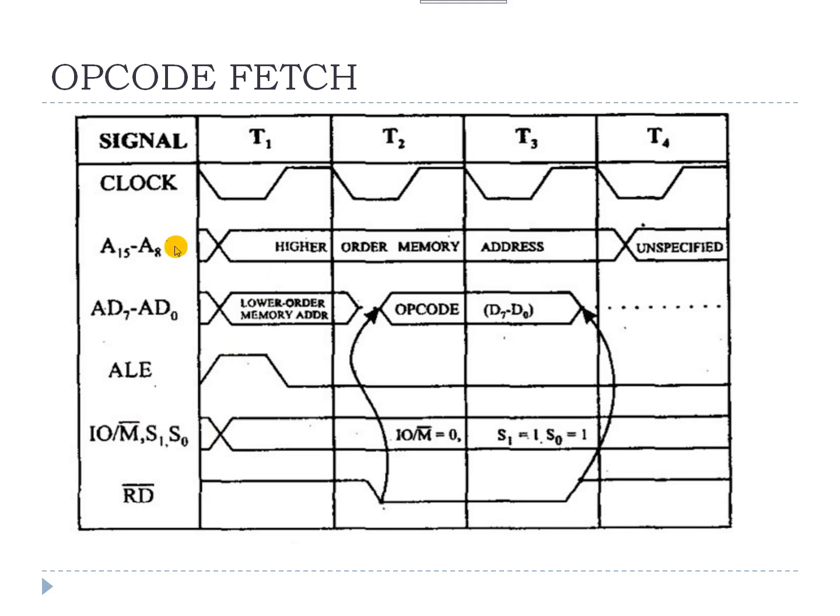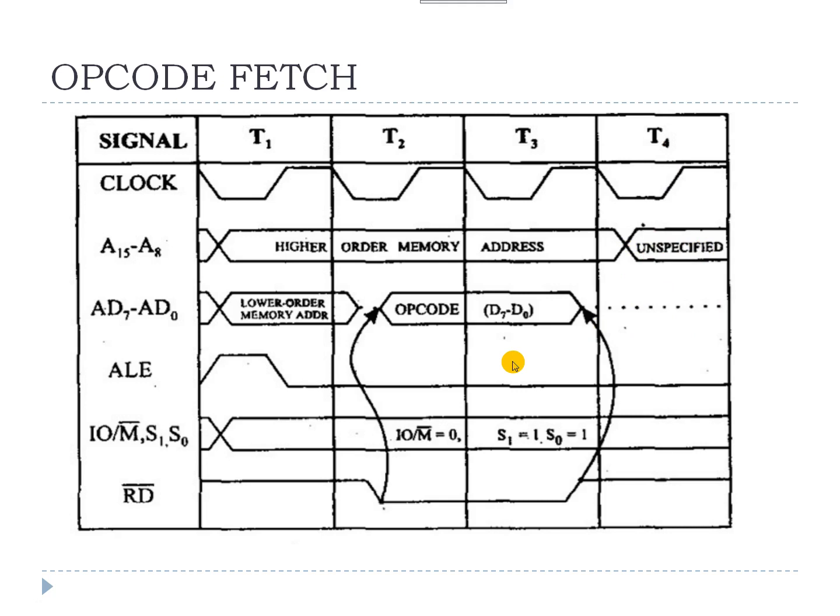So for opcode fetch you will be having 4 T cycles. The higher order memory address has to be supplied from T1 to T3, you have to supply the memory address into the operation, and for T4 you need to specify it as unspecified, because at this time of operation you will be having the fetching operation.